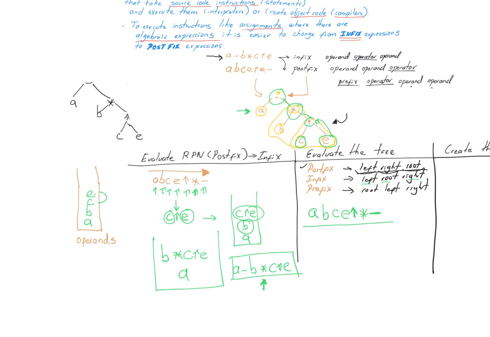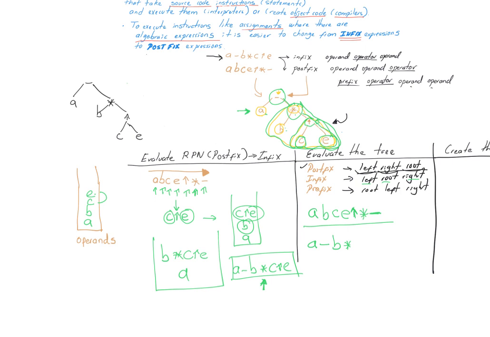So here it would be left, then root, then right, but the right is this subtree. So I need to evaluate first left, so it's B, then root, which is this, and then right, but the right is a subtree.